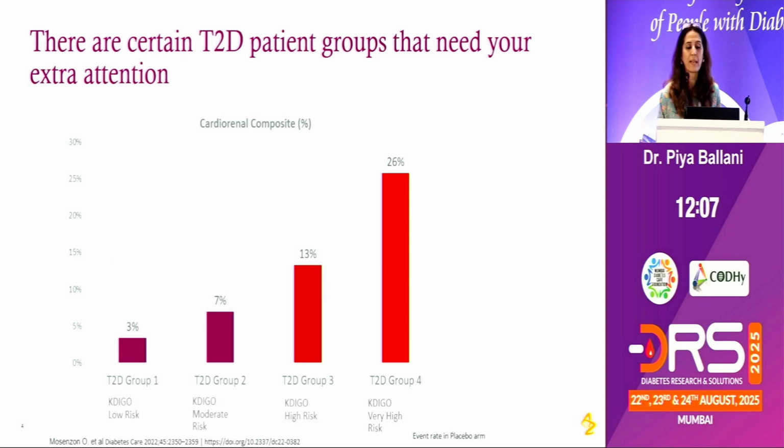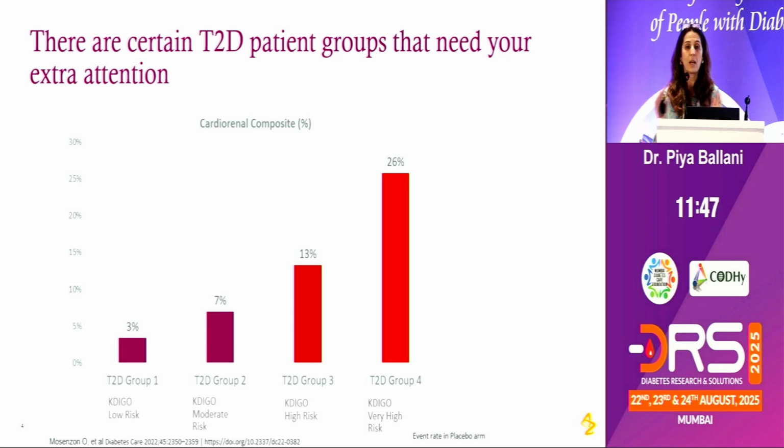So moving forward, let's understand the need for this risk stratification. What I'm showing you in this bar graph is patients categorized based on their renal risk by KDIGO: low risk, moderate, high, and very high risk.